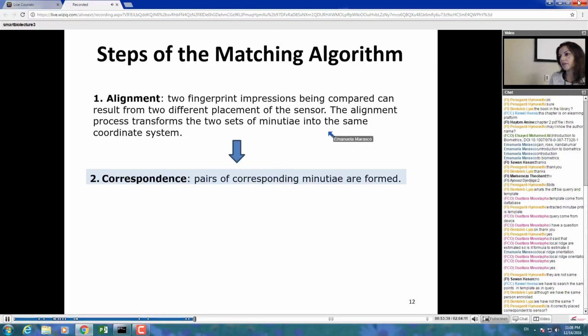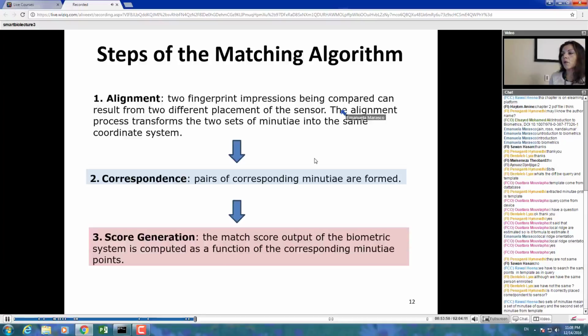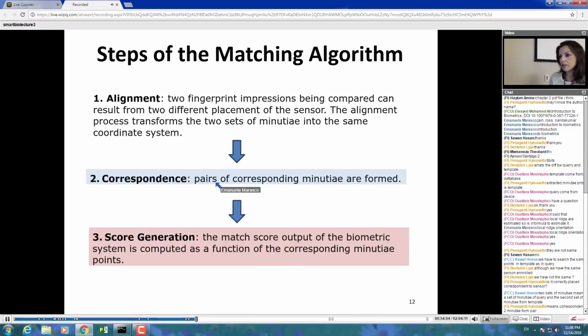And then the score generation. So we have three steps: alignment, correspondence, and score generation. During score generation, as I anticipated, the final score output of the system is computed as a function of the number of pairs of corresponding minutia, right?